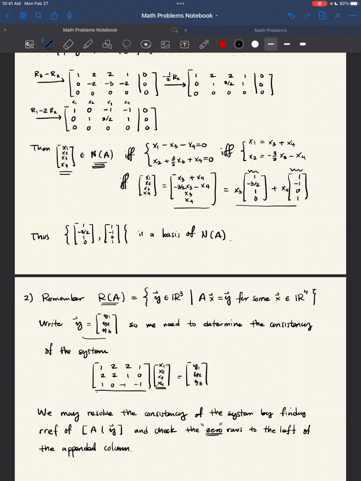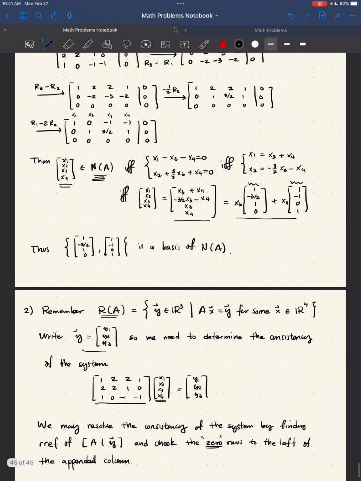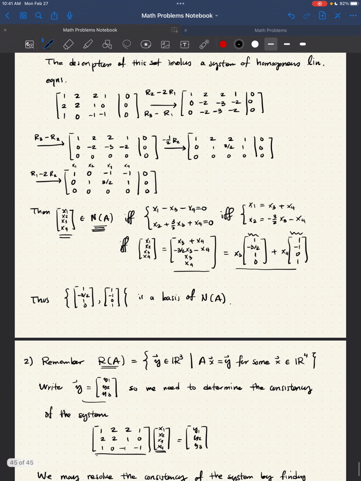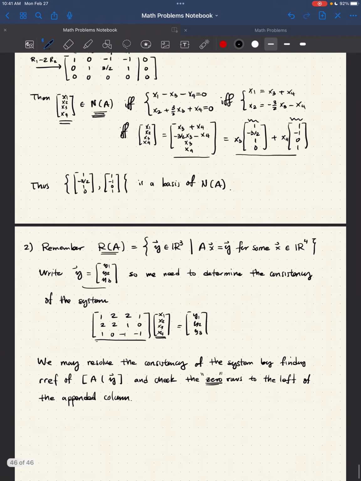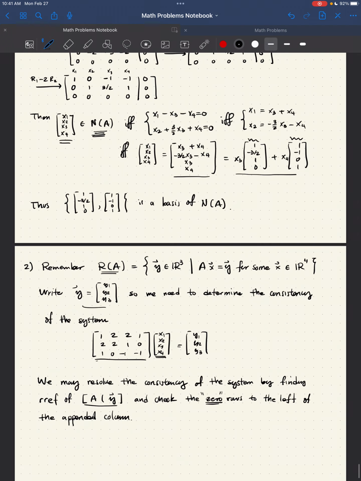Okay, so let's proceed. How should we continue? Well, look, what I'm going to do here is to save some work. We already know the steps that we have to follow in order to achieve the row reduced echelon form of this matrix.